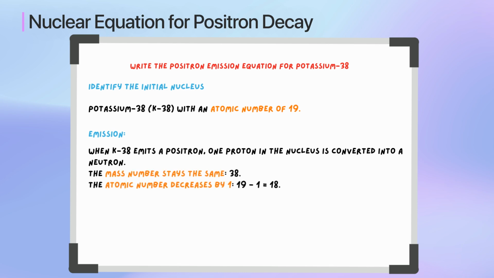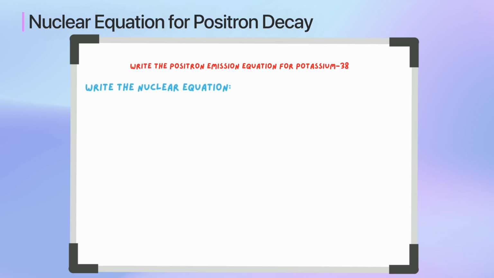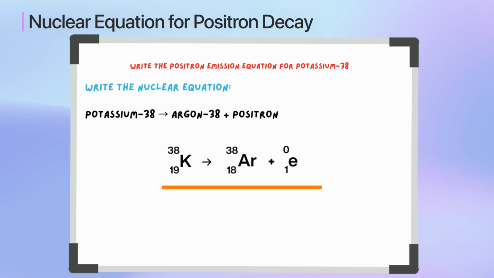However, the atomic number decreases by 1, becoming 18. Now we can identify the new nucleus. The element with atomic number 18 is argon. This means the new nucleus is argon-38. With all of this information, we can now finish writing the nuclear equation, which is K-38 becomes Ar-38 and a positron particle.